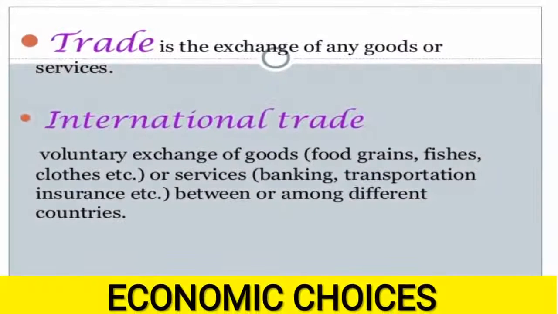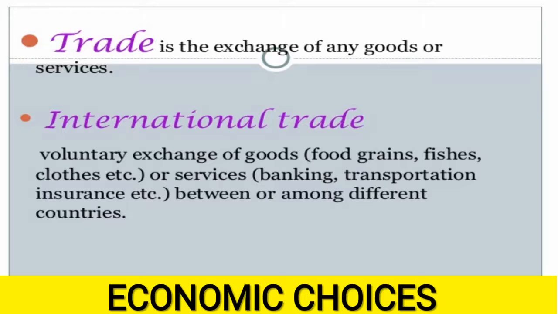Okay, students, in this slide, I will tell you about trade and international trade. Trade is the exchange of any goods or services, or you can say buying or selling of goods and services. This system of business is called trade. International trade means when we buy and sell goods and services with other countries.